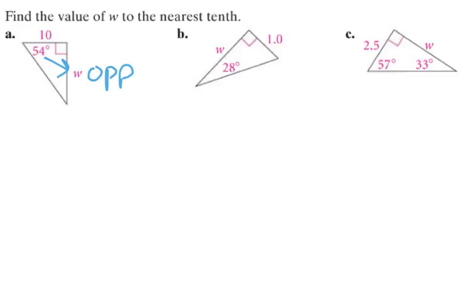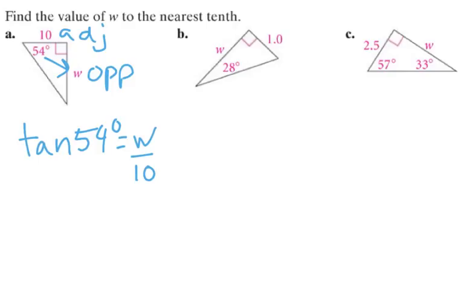The side that we know is the 10, and that is your adjacent leg. Well, what is opposite over adjacent? That's tangent. So we can set up our equation: the tangent of 54 degrees is equal to opposite, which is W, over adjacent, which is 10.